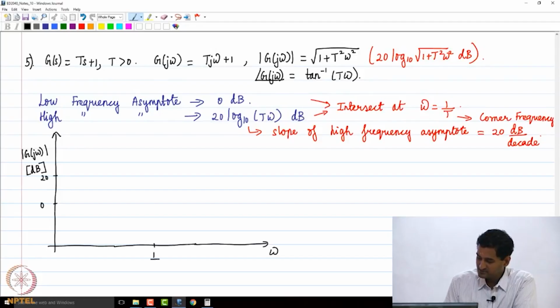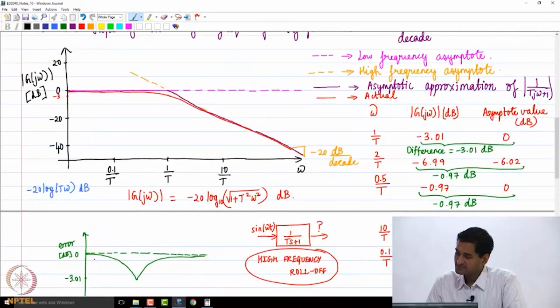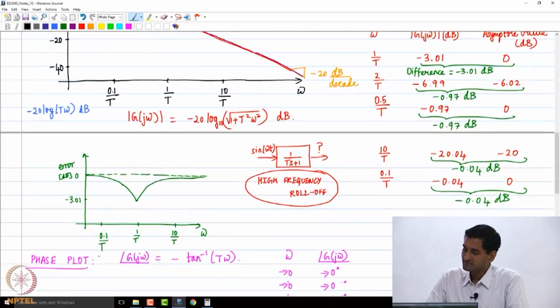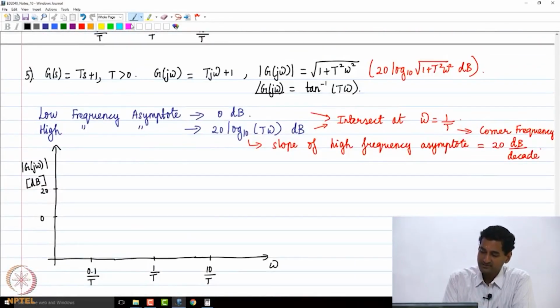Let us say this is 1 by capital T, 10 by capital T and 0.1 by capital T. Let me use the same colors as before, so that we are consistent. I used pink for low frequency, yellow for high frequency. So, let us say I use pink for the low frequency asymptote. The legend remains the same as before.